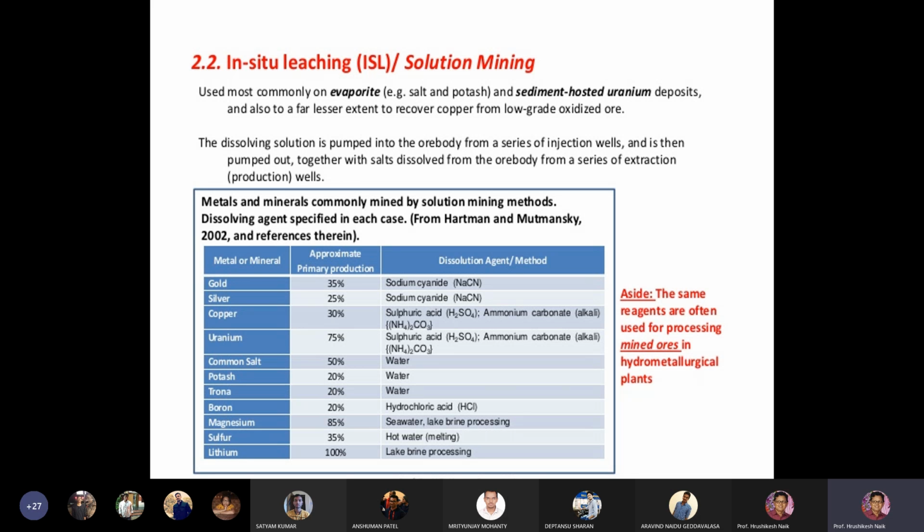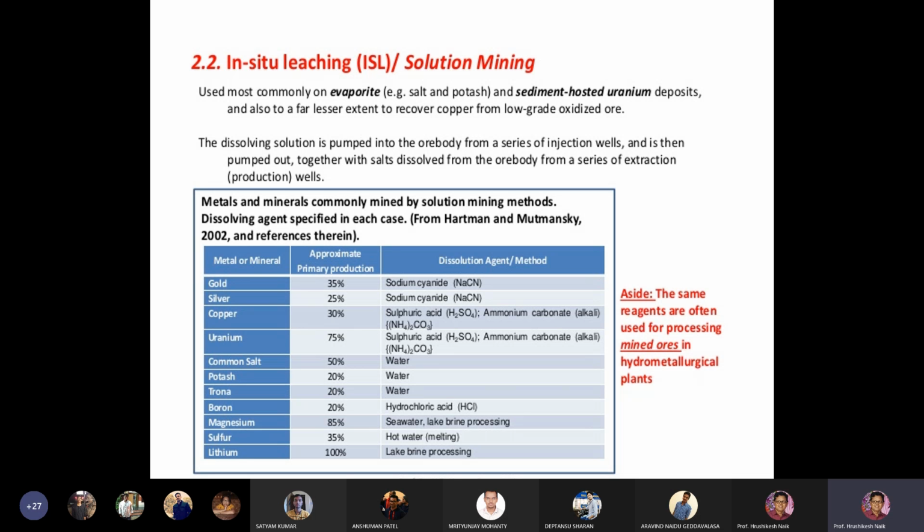For the copper deposits. And if you are going to mine uranium deposits, in situ leaching is very successful. 75% production would be there in the case of uranium mining. But the solution you are going to use is sulfuric acid and ammonium nitrate, just like copper mining.